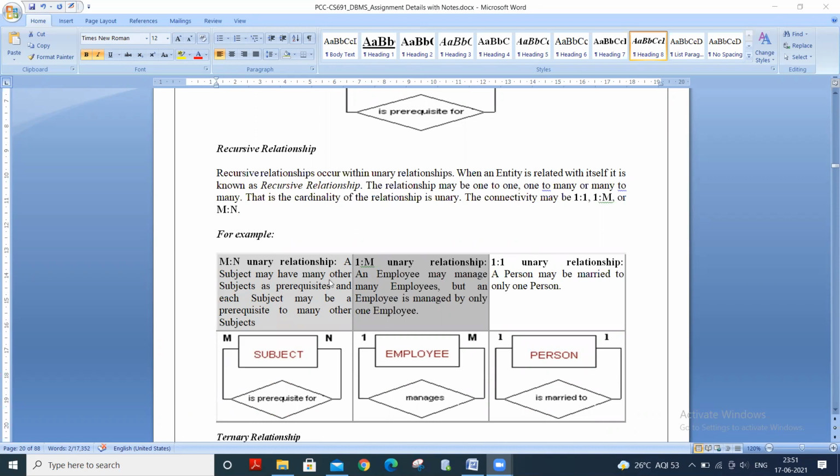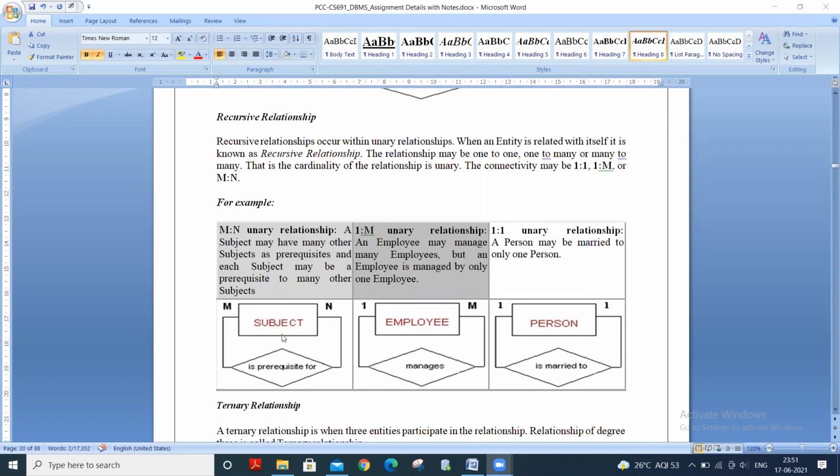A subject may have many other subjects, like for computer science engineering. In this subject, there are many subjects like artificial intelligence, software engineering, database management system, network, cyber security, then machine learning, deep learning, etc. So we can put it here, that machine learning is a prerequisite for machine learning.